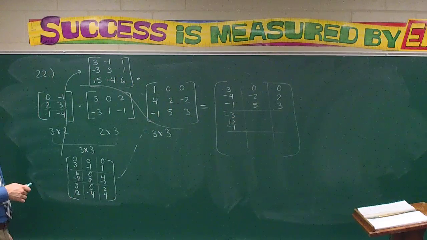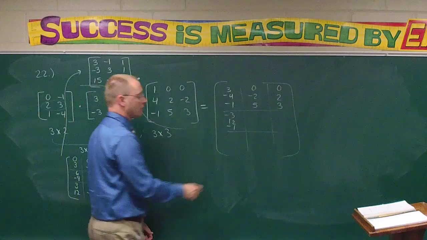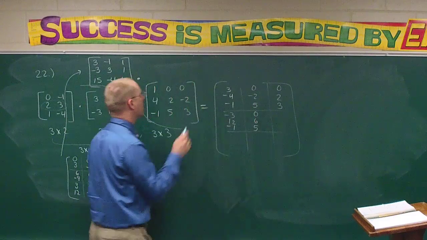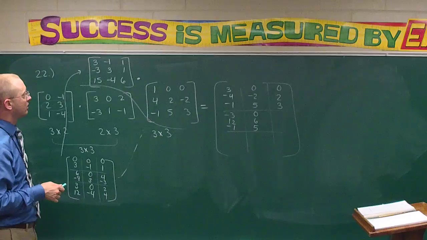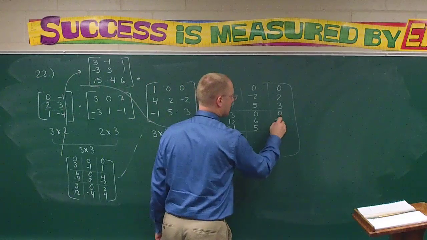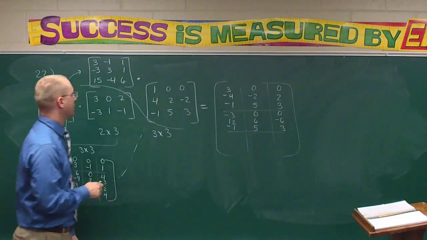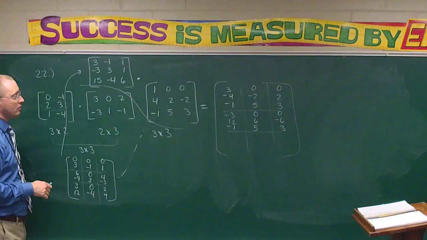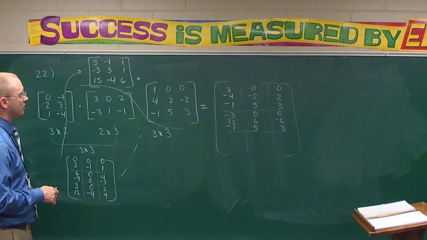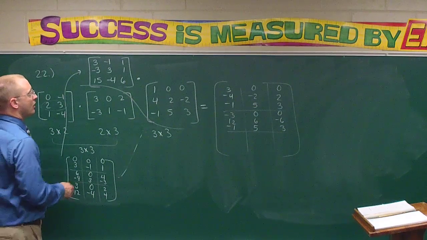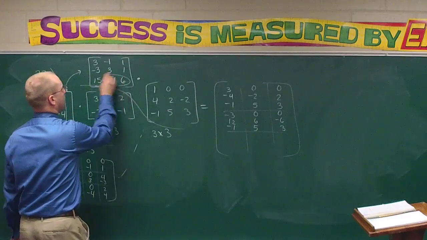Audrey. 0, 6, 5. Abby. 0, -6, 3. Genesis. Okay, we're down here to the bottom row now.